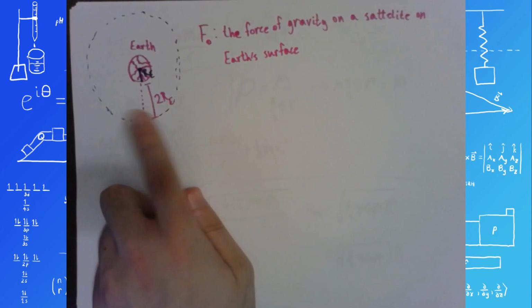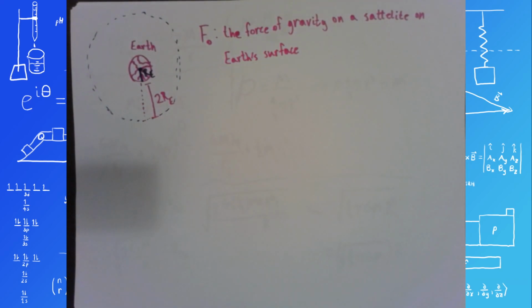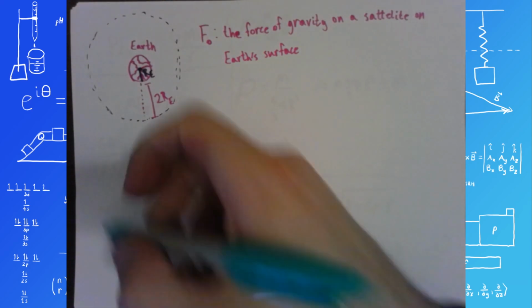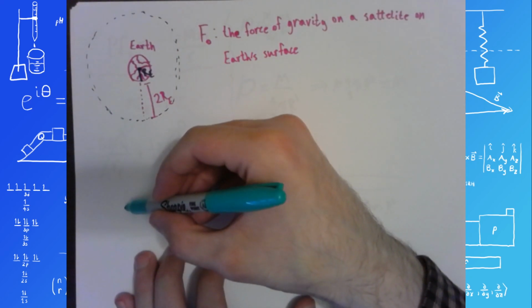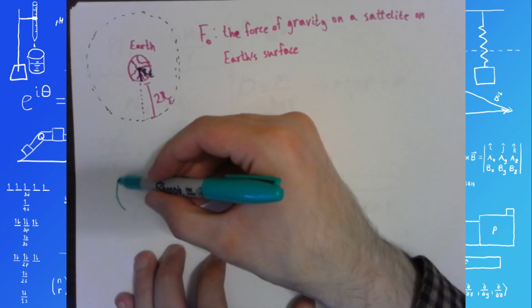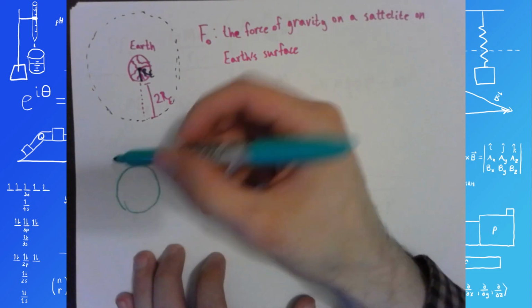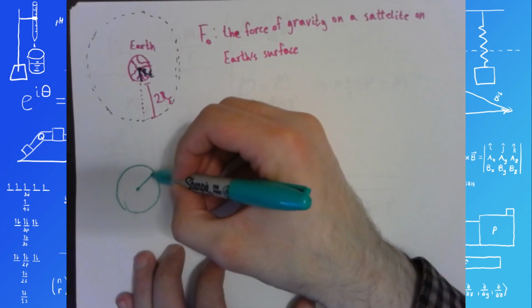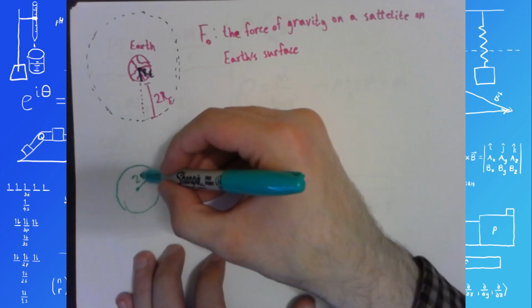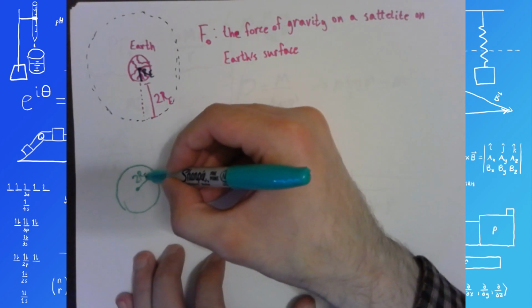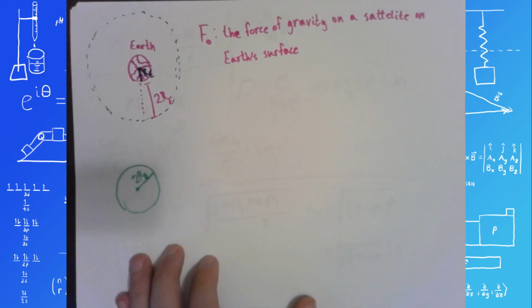What's the force of gravity it experiences when it is launched to an altitude of 2 times the radius of Earth? And then also I'm going to ask, what is the force acting on it if it finds itself on the surface of, let's say, planet X, whose radius is 2 times the radius of Earth?